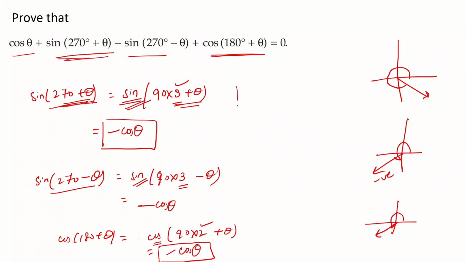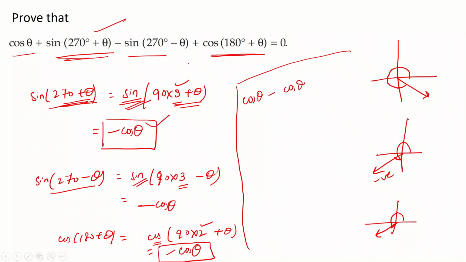Okay, so just put down everything in the left hand side. So cos θ, you keep it as cos θ only. Sine(270 + θ) is minus cos θ. Then minus sine(270 − θ), which was minus cos θ.